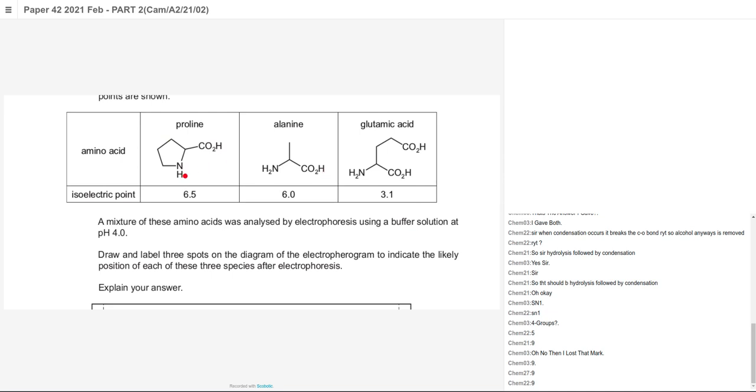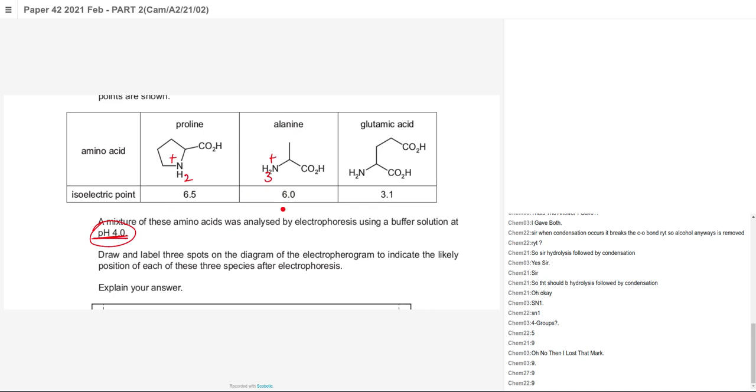It will take H plus and form this ion. Even alanine will take H plus and form this ion. But glutamic acid has isoelectric pH 3.1, and the pH of the mixture is more than 3.1. That means this will act as relatively an alkali. Even though pH 4 is still acidic, it will act as relatively an alkali, right?